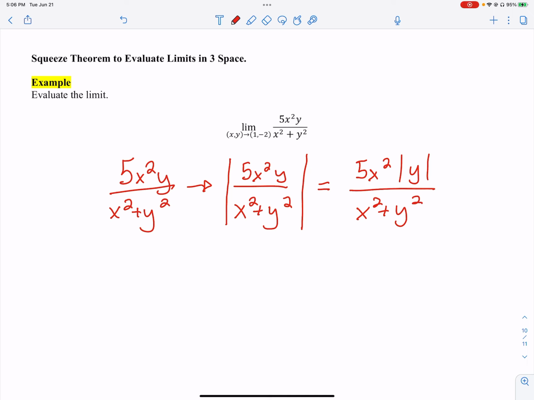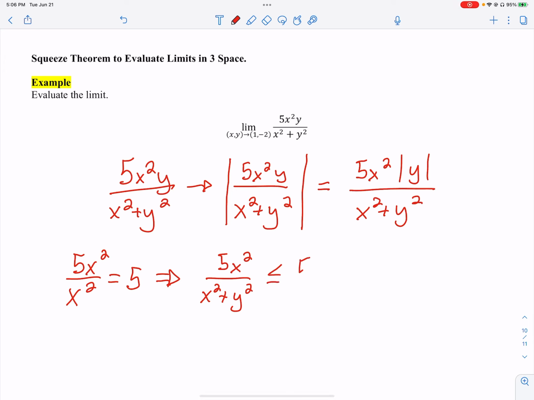Okay, so I'm going to use some logic here to work our way up into our argument. I know that 5x squared divided by x squared is equal to 5, right? Because that's a 1. So what this tells me is that 5x squared with anything positive added in the denominator is going to be less than or equal to 5, because y could be 0. That's the or equal to.